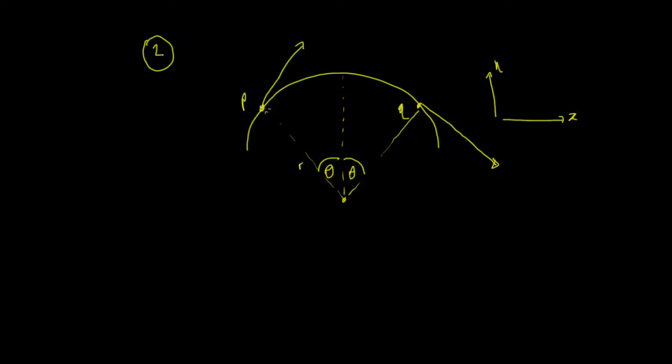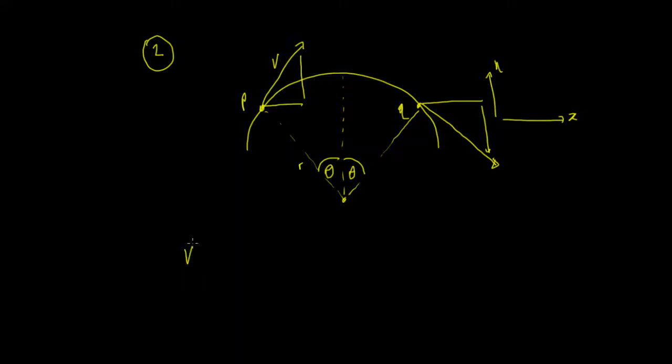So we could say there's an x direction component of velocity for P and a y direction component of velocity, and the same with Q. Q is going to have an x component and a y component. So we'll just write those components out.